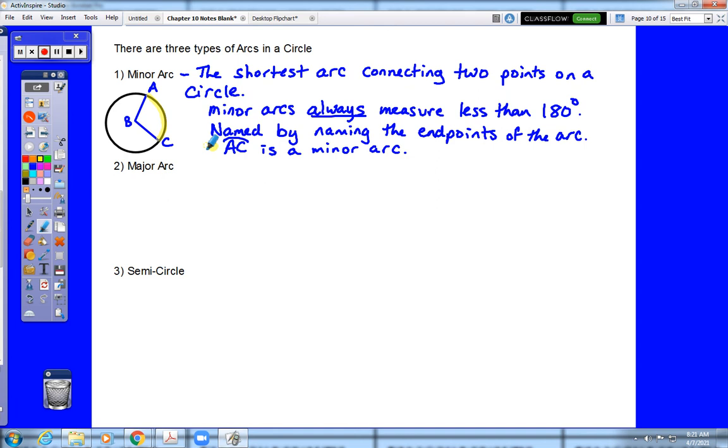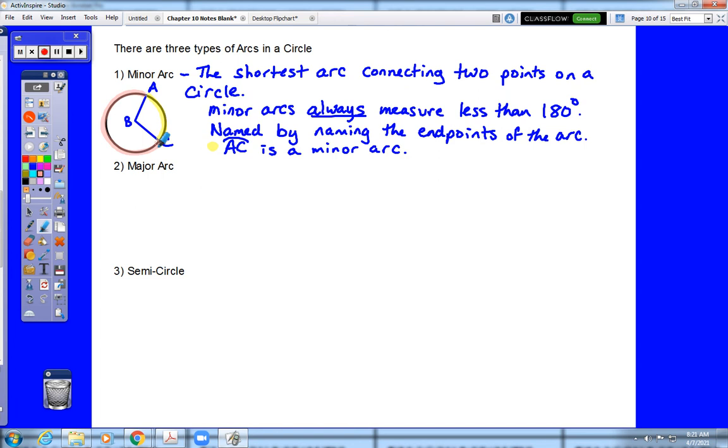Now, notice that the yellow arc there is not the only arc with endpoints AC. Correct? There's also this arc. That also has endpoints AC, doesn't it? But that arc is way more than 180 degrees.